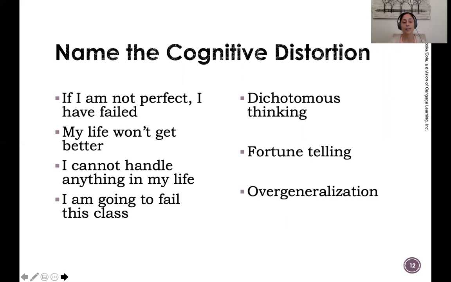I cannot handle anything in my life, overgeneralization. So if something bad happened and now you just are destined to have more bad things happen, you're never going to be successful. You're overgeneralizing one thing, one belief to everything. And then I'm going to fail this class, catastrophizing, seeing the future negatively.